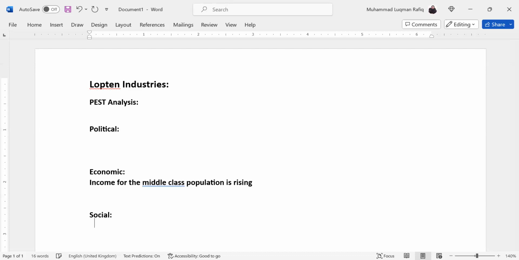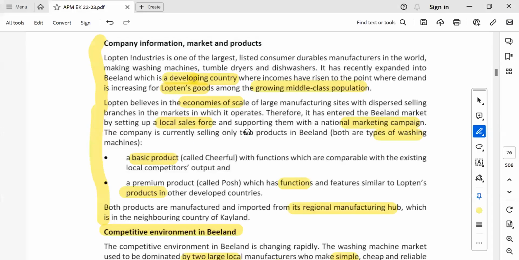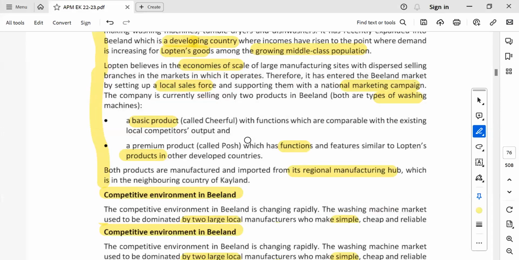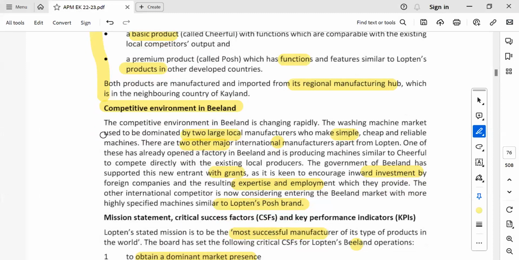The social trend is that people are demanding washing machines more due to higher income levels, right? Okay, what else is there? Can we think about anything from this paragraph? Anything from this paragraph, please?